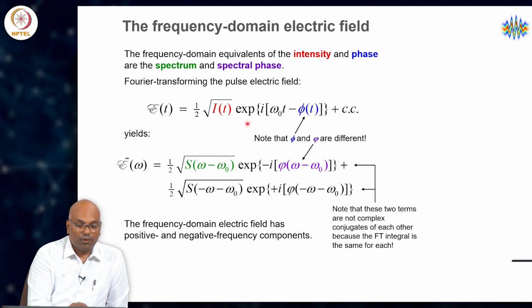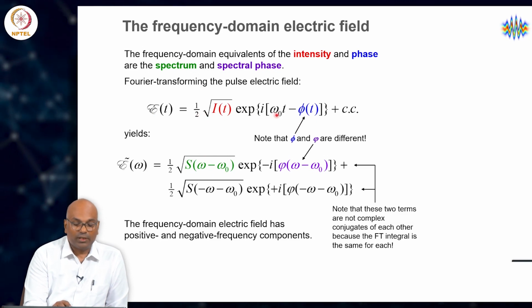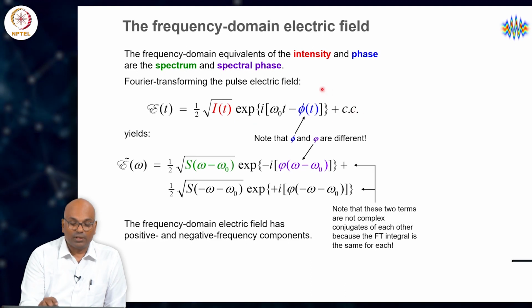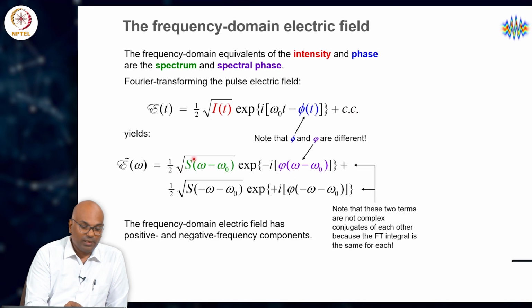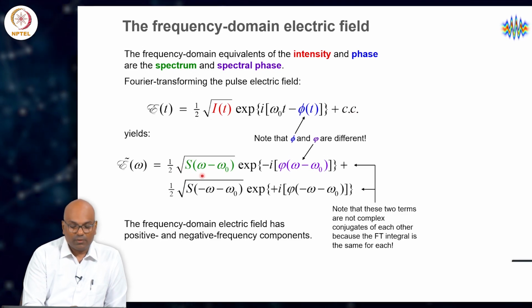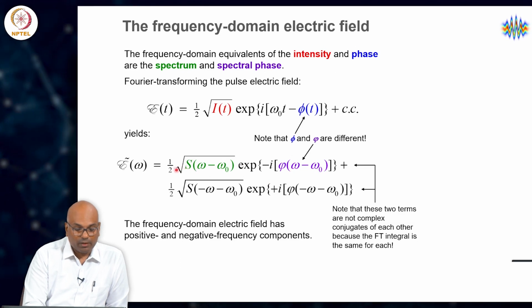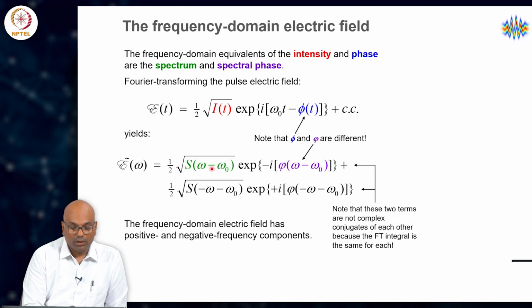Fourier transforming this real pulse E of t, which is a half square root of I of t exponent of i omega t minus phi plus the complex conjugate, to emphasize the fact that these fields are real, yields two pieces, both of which contain identical information, a spectral amplitude, the square root of S of omega minus omega naught.